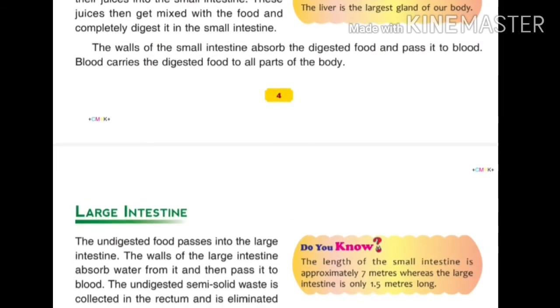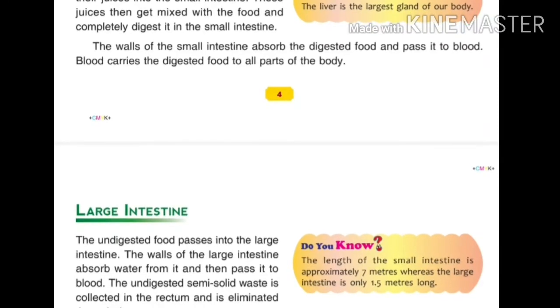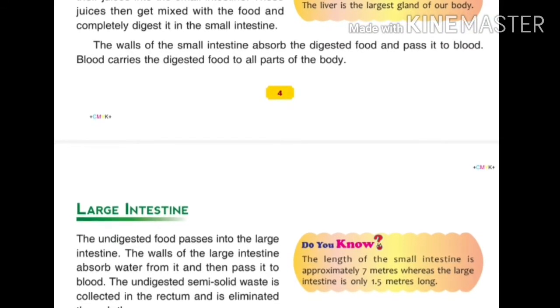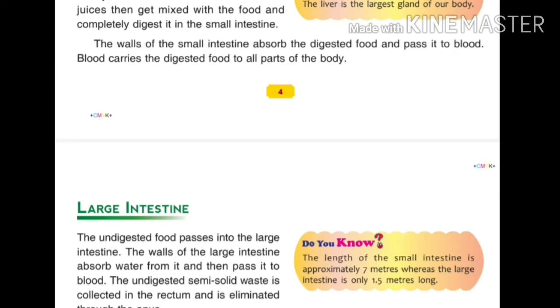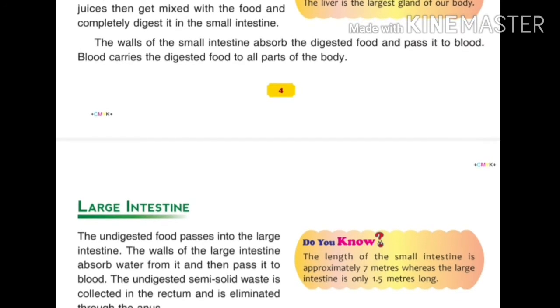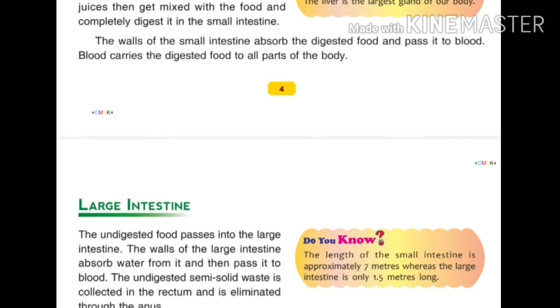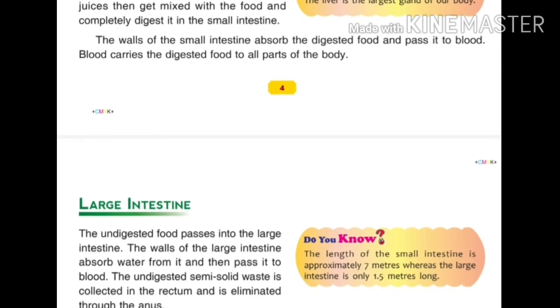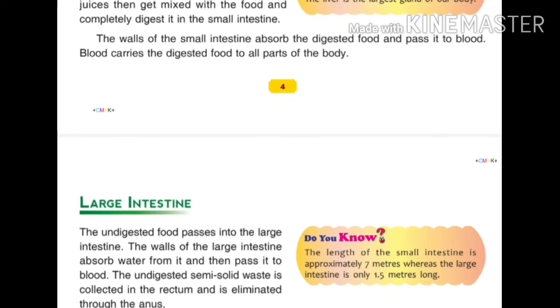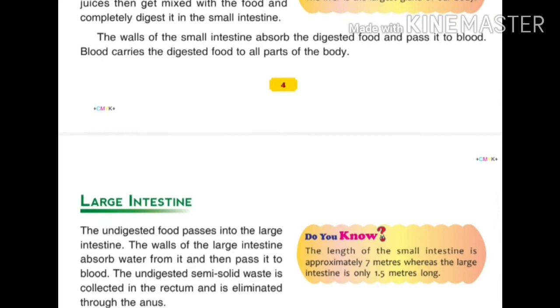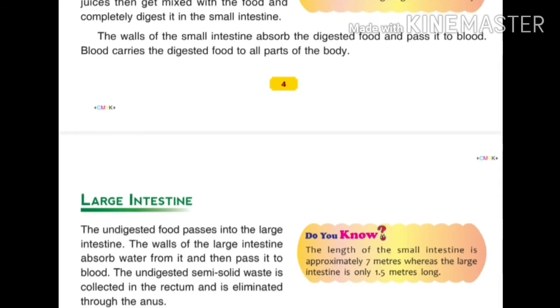After the digestion is completed, the wall of the small intestine absorbs the digested food and passes it to the blood. Now the food is in liquid form. It goes into the blood and the blood carries the digested food to all parts of the body.